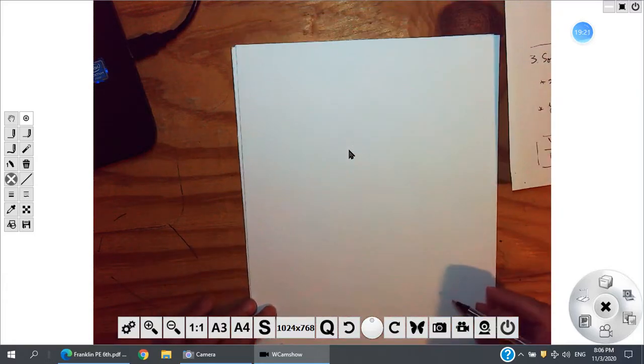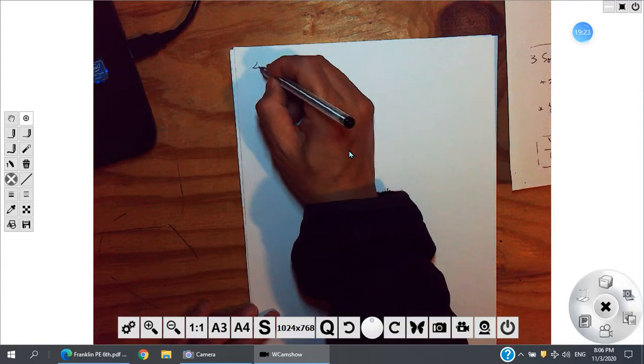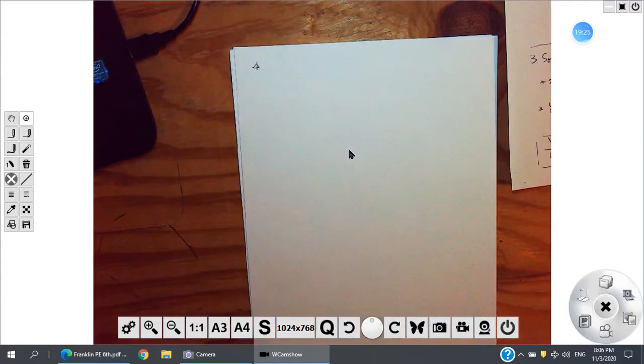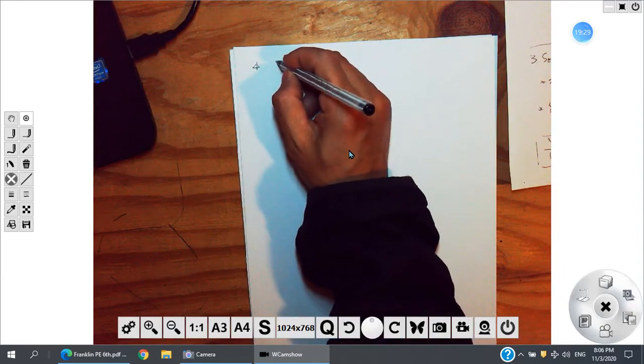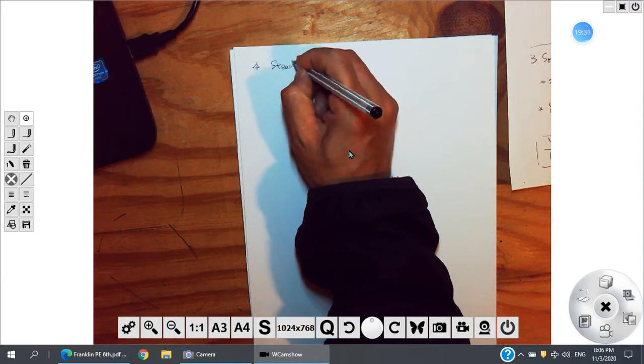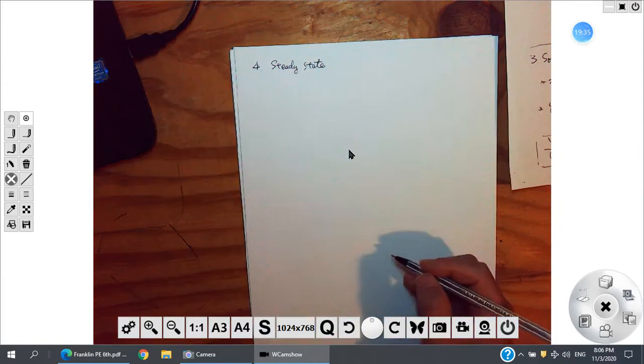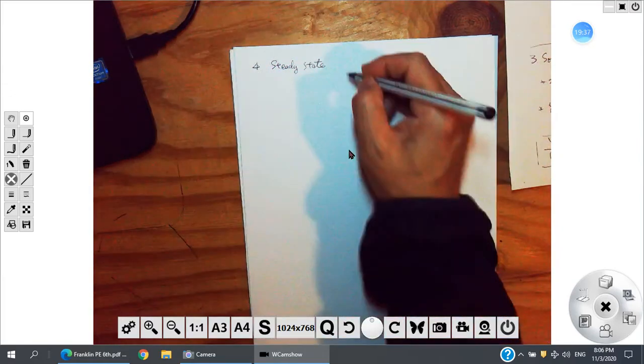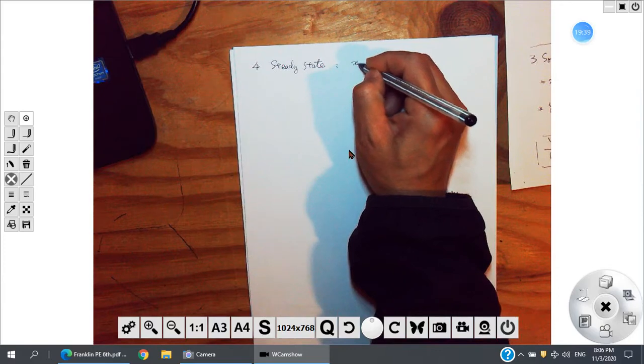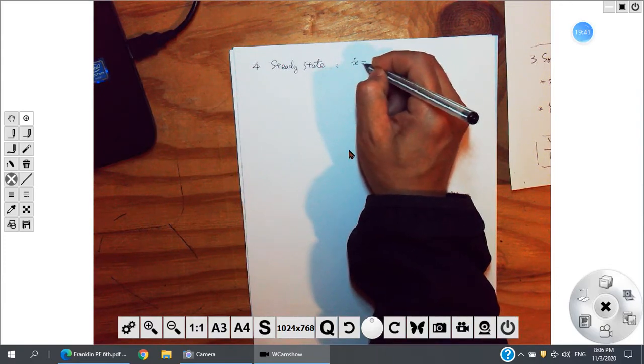Then the fourth, we need to do some calculations. The first one is about the steady state. How to find the steady state? The basic feature is x dot equal to 0.